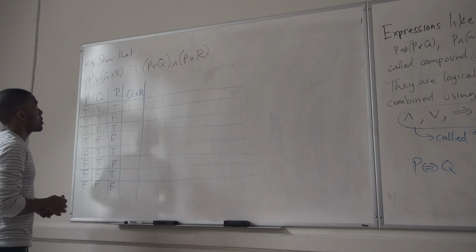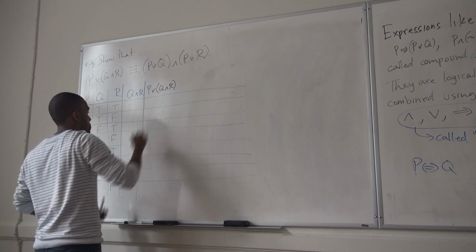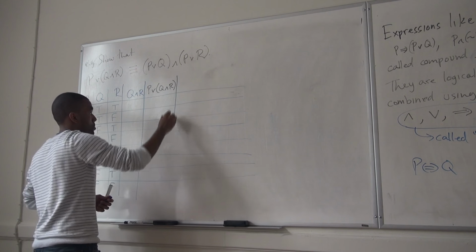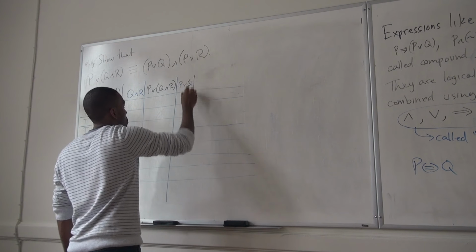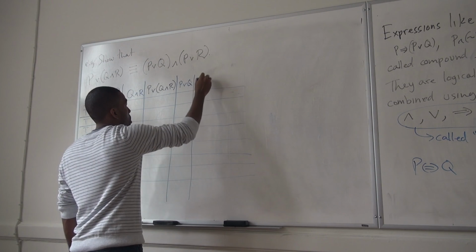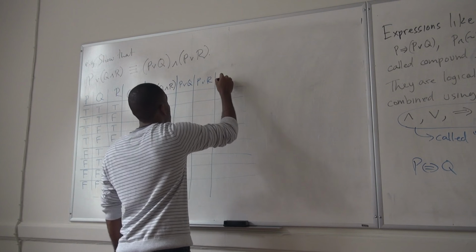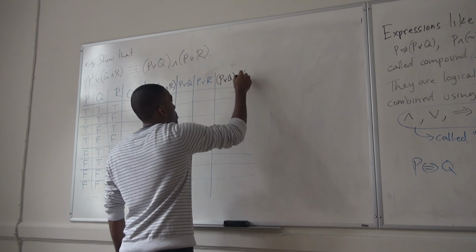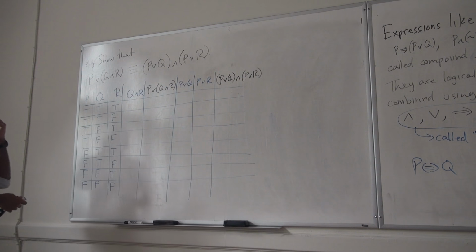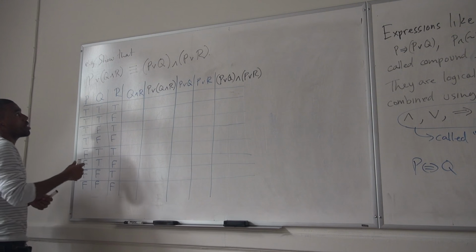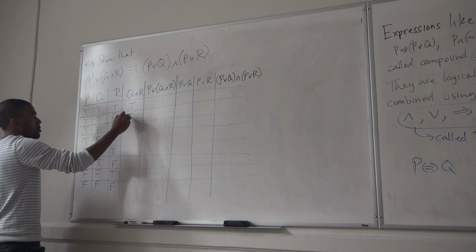Then I will put the first statement that I want, P or Q. We must have a P or a Q, and a P or an R, and then I connect them, P or Q, and P or R. So, Q and R. What is that here? True? False.